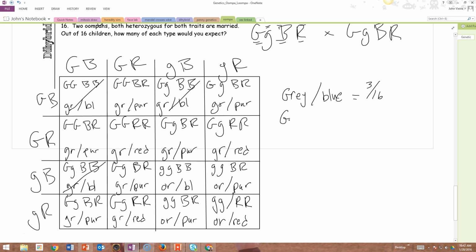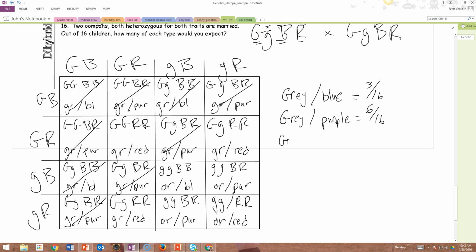Then we have gray-faced and purple-haired. You got 1, 2, 3, 4, 5. 5 out of 16. Okay? You can convert that into a percentage if you wanted to, or just leave it as a fraction. 6. Right here? Yes. Thank you. That's why I have you guys double checking for me.